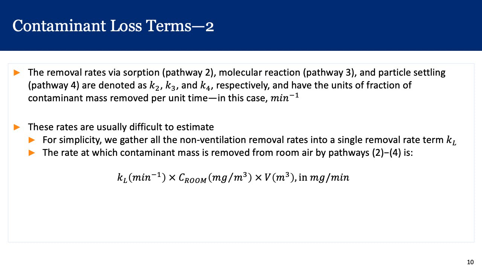So that is the milligrams of contaminant in the room. And so what fraction of that contaminant is removed per minute? That is denoted by the term k_L. So if you multiply k_L by the mass of the contaminant, that product of the three terms also has units of milligrams per minute.